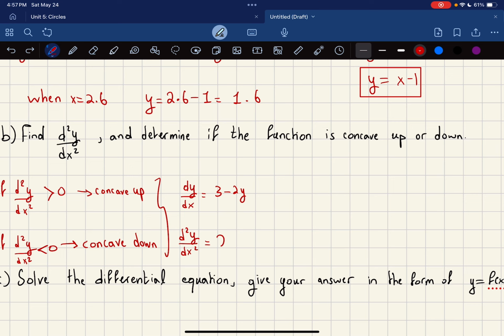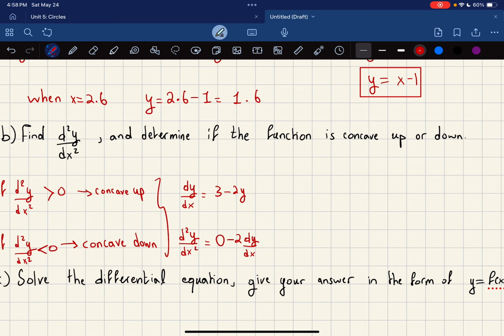So the derivative of 3 is going to be 0. And the derivative of minus 2y is going to be minus 2 y prime, which is dy over dx in differential equation terms. So it's usually an implicit differentiation back in Unit 4. We used to differentiate y and put y prime.